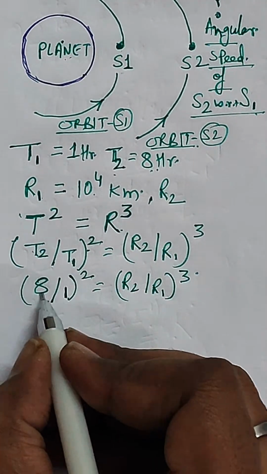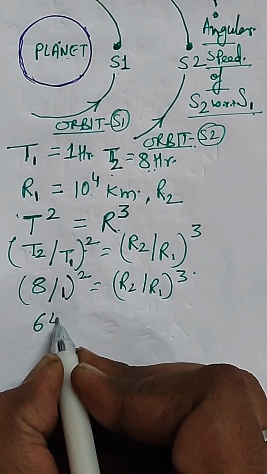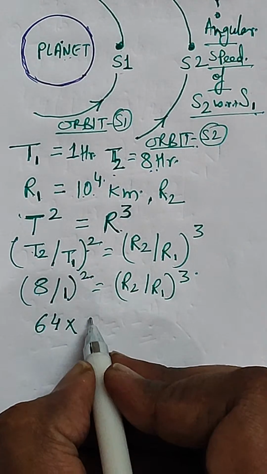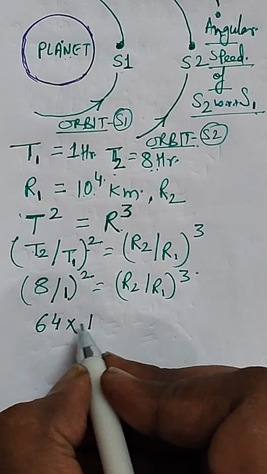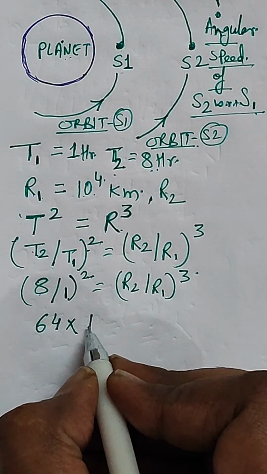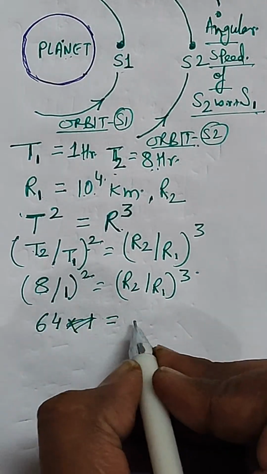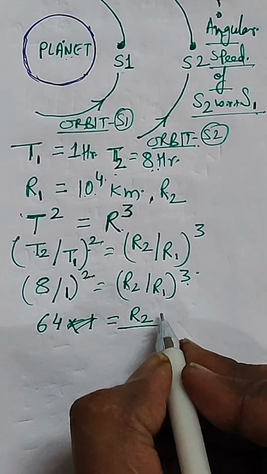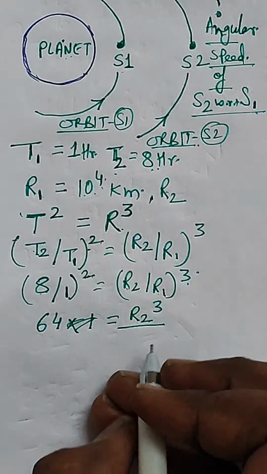So what we'll do, 8 square is 64, equal to R2 by R1 whole cube. R1 is 10 to the power 4.